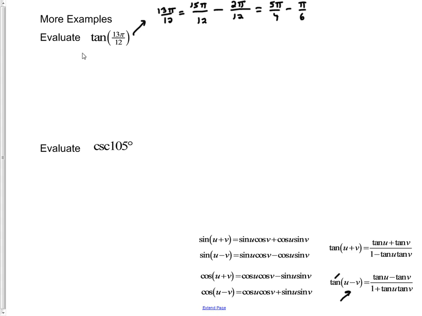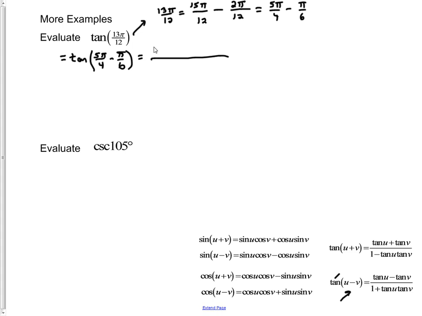So let's do that. We're going to treat this as the tangent of the quantity 5 pi over 4 minus pi over 6. So let's use our formula right here. What does it say? It says because we're taking a subtraction, we're going to have a fraction.